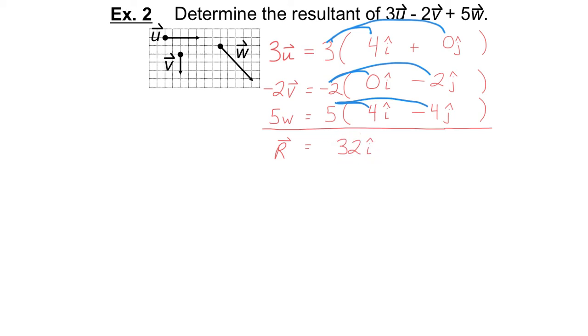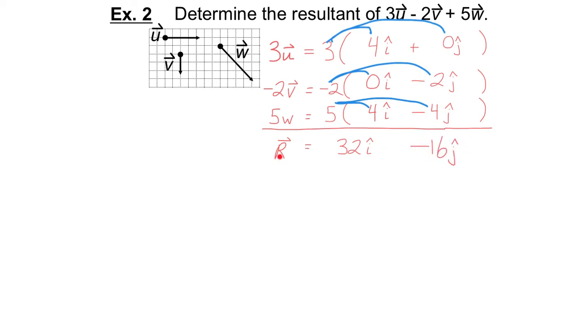Now we do the same thing with the y components. We have 3 times 0, which is 0, minus 2 times minus 2, which is positive 4, 5 times minus 4, which is minus 20. So we have 0 plus 4 minus 20. And that's minus 16j hat.